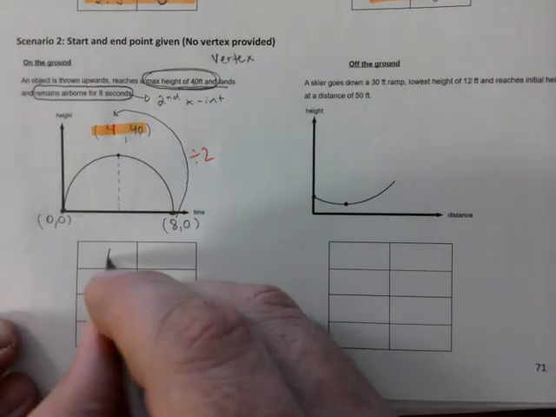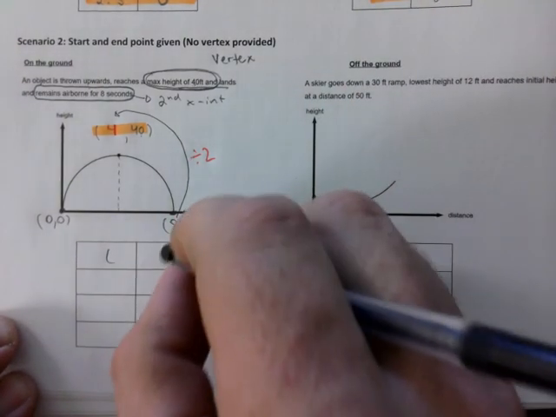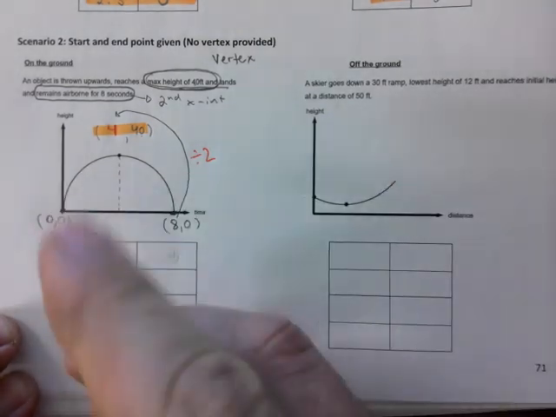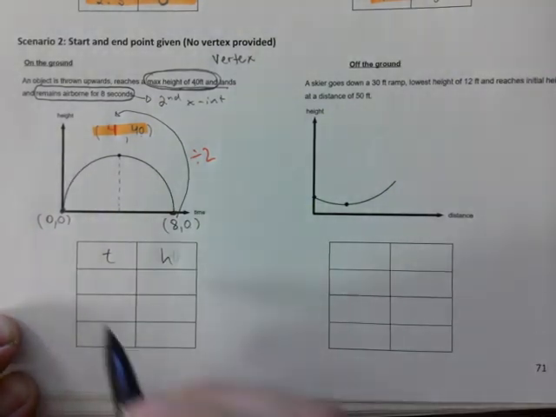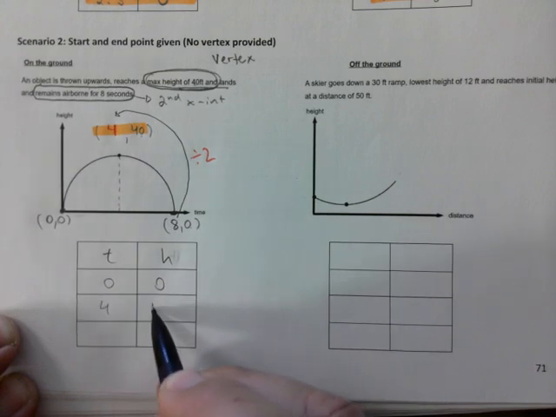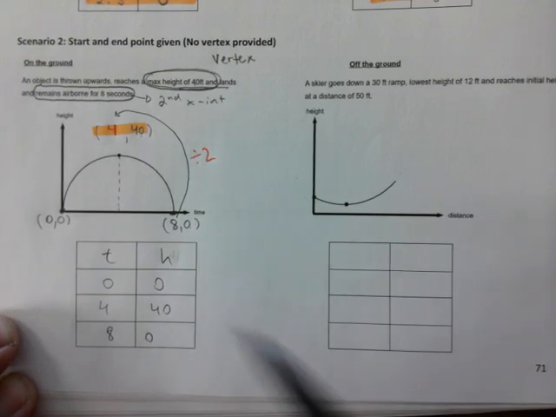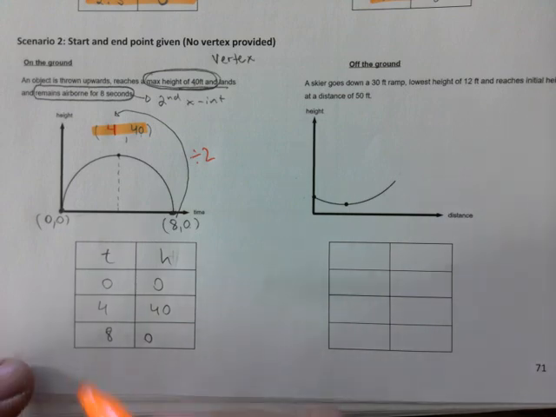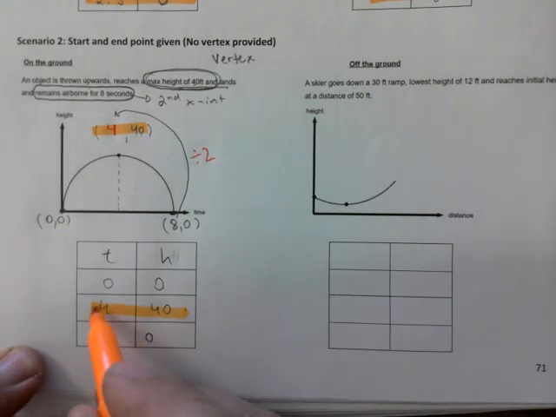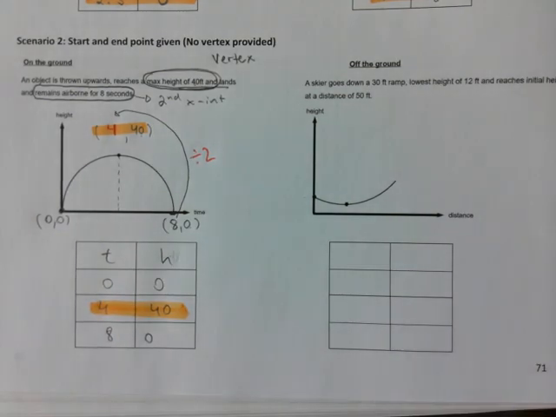So you have time and height: 0, 0, 4, 40, 8, 0. And in this case, that is the one I needed to complete, to be able to perform the regression.